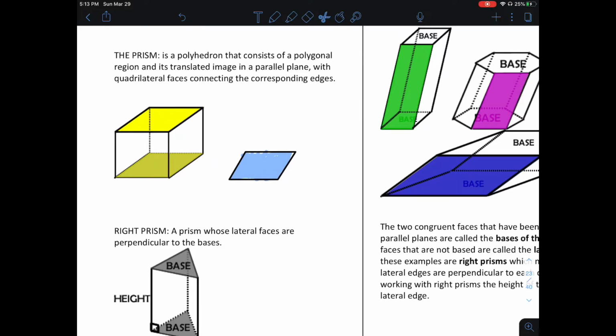According to this definition, a prism is a polyhedron that consists of a polygonal region. So let's say that's this blue region here, and its translated image. So let's say I translate this, let's say, up, like so.